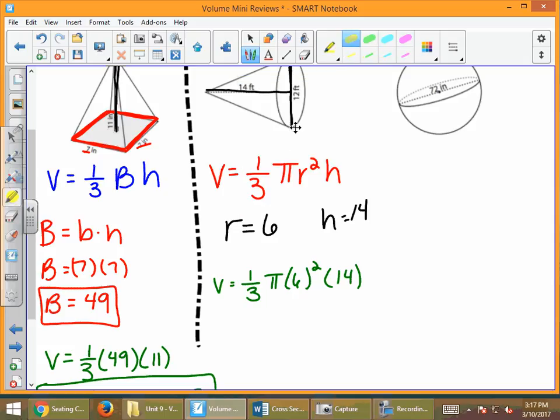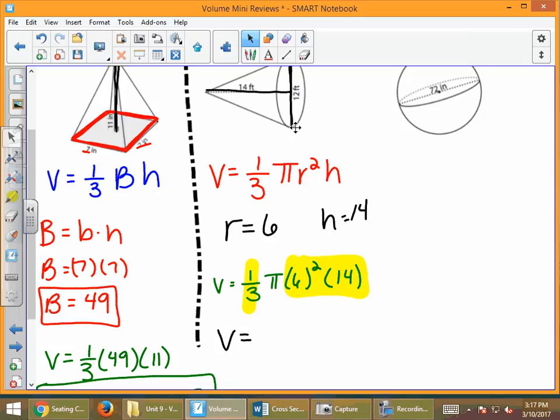Unless it's a real world problem, then we generally don't. So you plug everything but pi into your calculator. So all you're going to do is do 1/3 times 6 squared times 14.